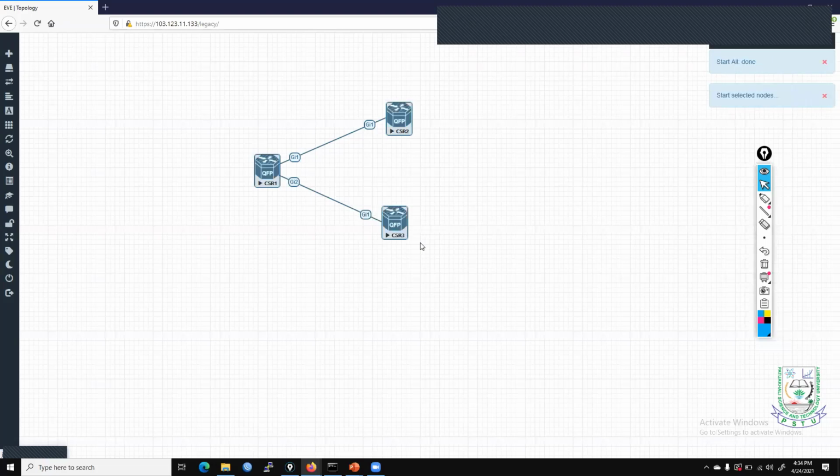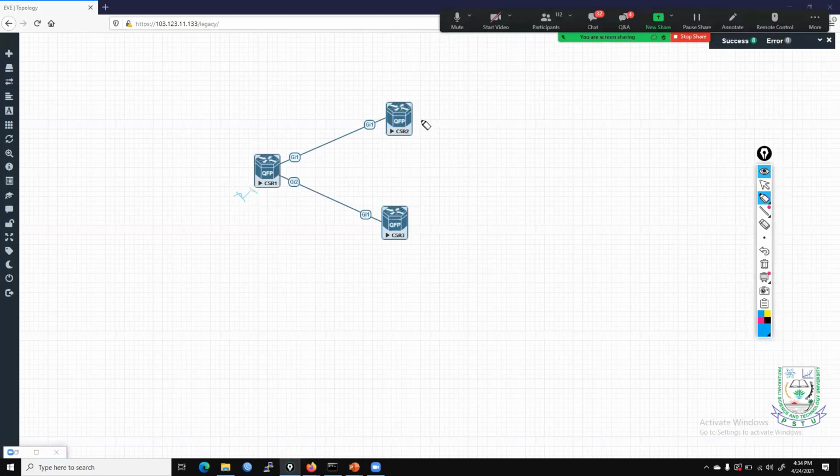Our goal is to demonstrate URPF strict mode. This is R1, this is R2, and this is R3. The network connecting R1 to R2 is 192.168.12.0/24, and the network connecting R1 to R3 is 192.168.13.0/24.